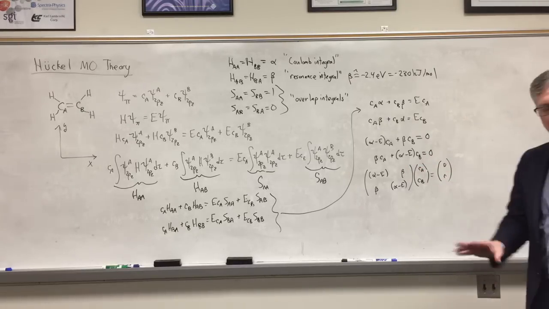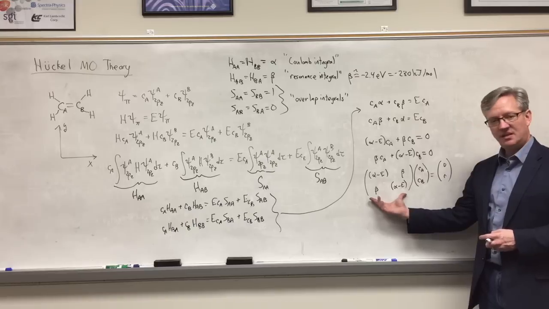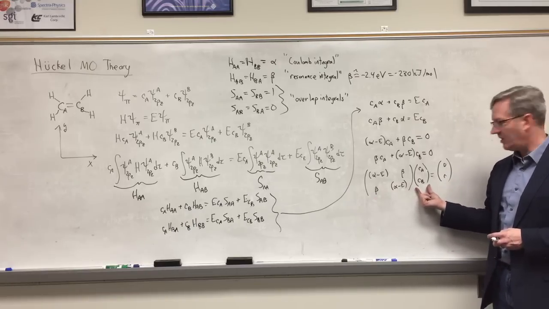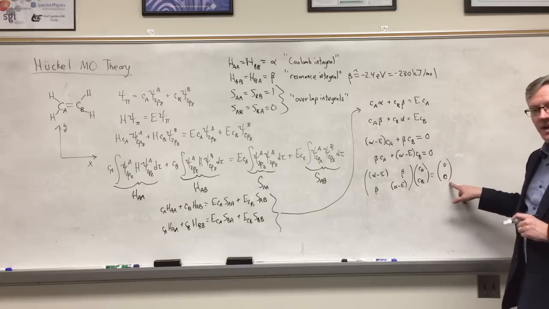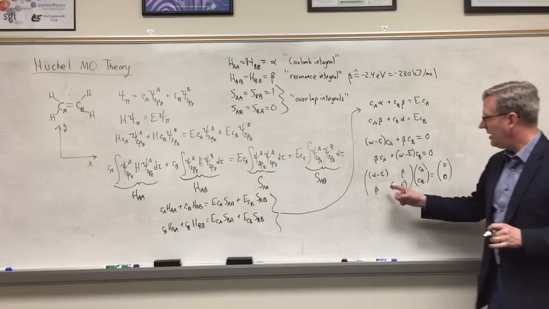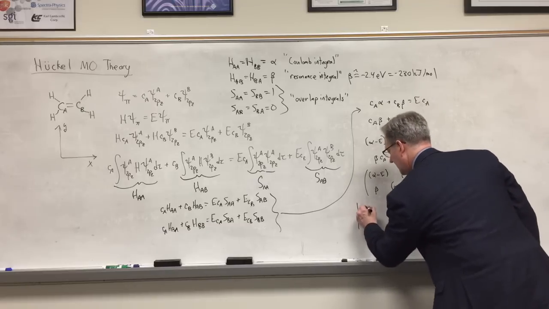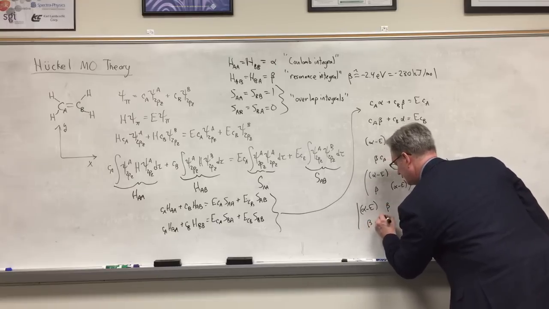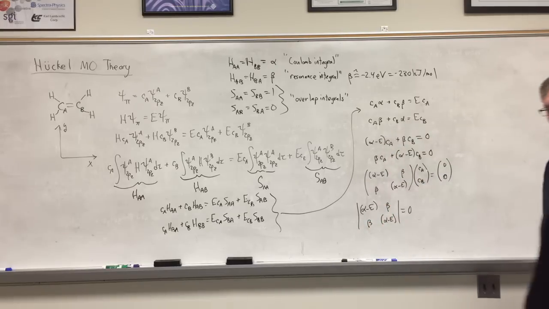I do this because there's a special property of matrices that says when I have a matrix like this that is non-zero times some set of coefficients as a vector equals a 0 vector like this one here, that can happen if what is called the determinant of this matrix is 0.